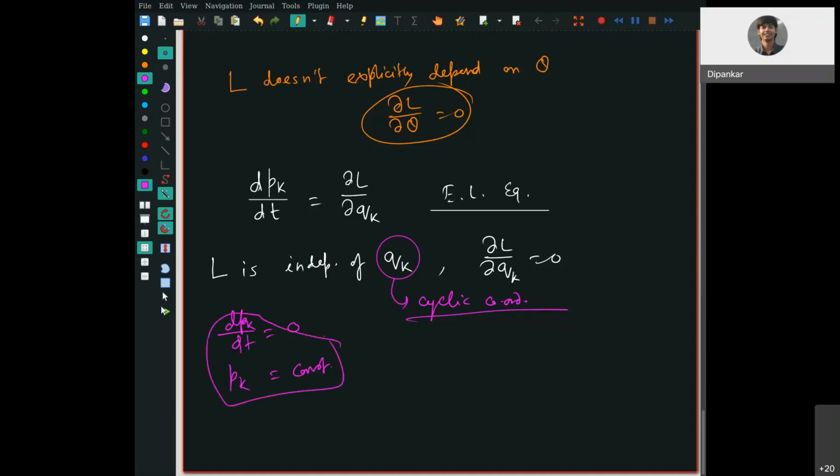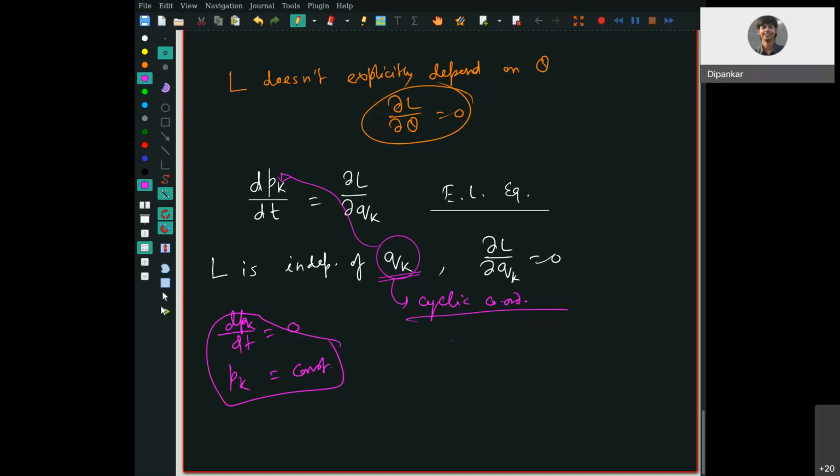So what I mean is that if L is independent of qk, then the generalized momentum corresponding to this qk, which I call pk, is conserved. Okay. So if a coordinate is cyclic, then the generalized momentum corresponding to that coordinate is a conserved momentum.